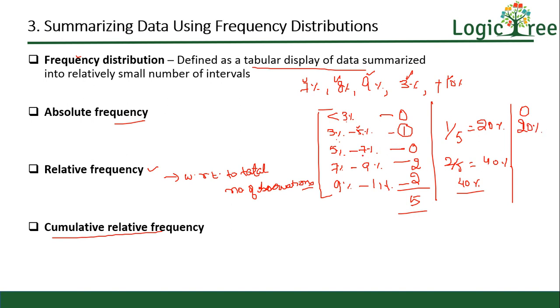And next for the stocks less than 7% I have again 20% of my observations. For less than 9% I have around 60% of observations. For the interval less than 11% I have a cumulative 100% of observations. So 100% of observations lie less than 11%.